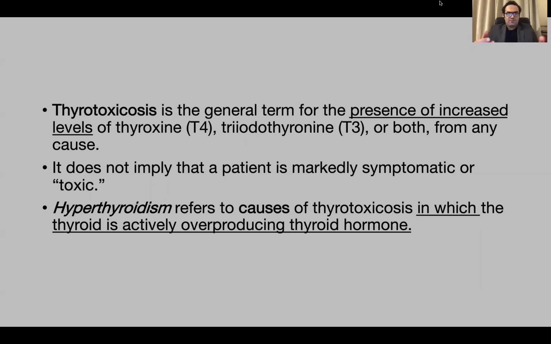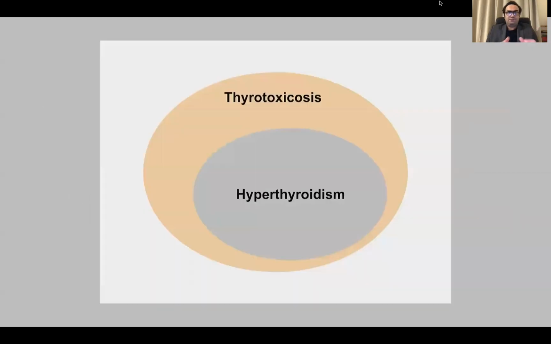It is due to any cause. But when that is due to the overproduction of thyroid hormone synthesis by the thyroid gland, then we call it hyperthyroidism. So thyrotoxicosis is an umbrella term in which any cause can result in an increase in free T4 and or T3.